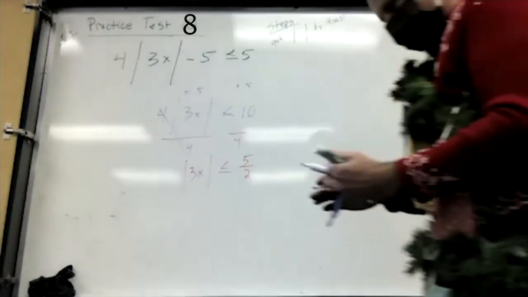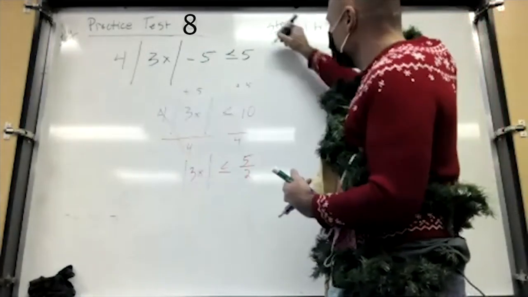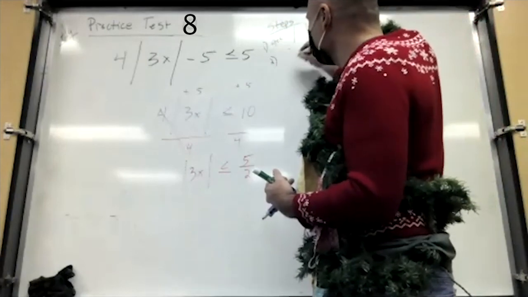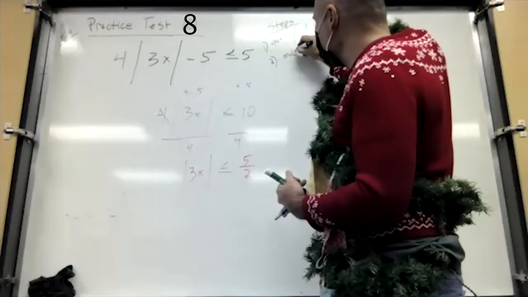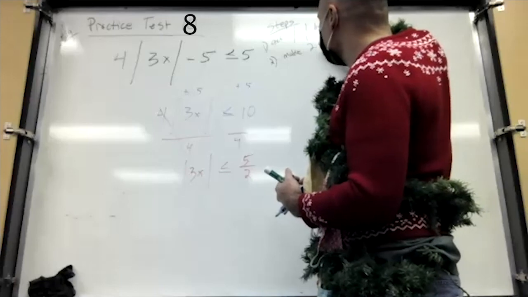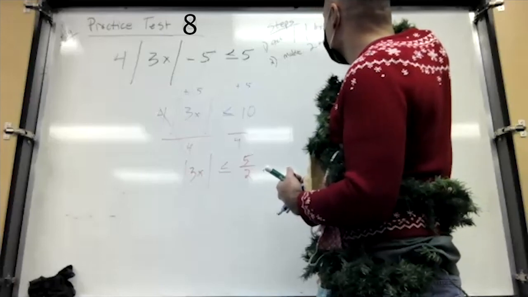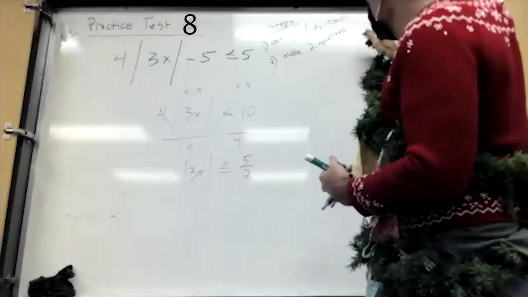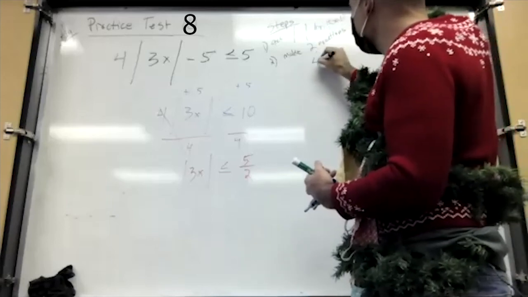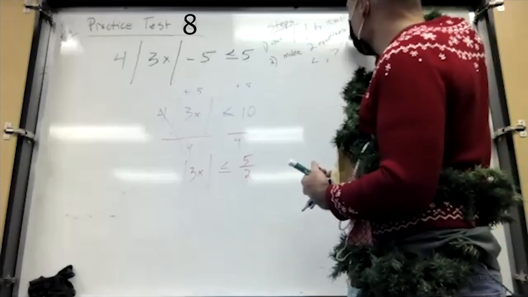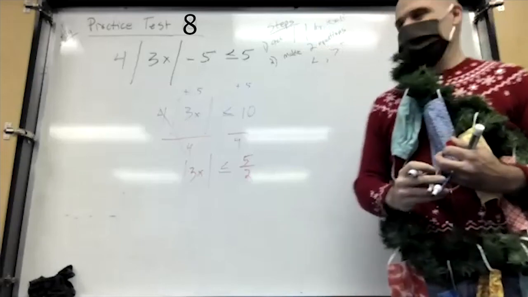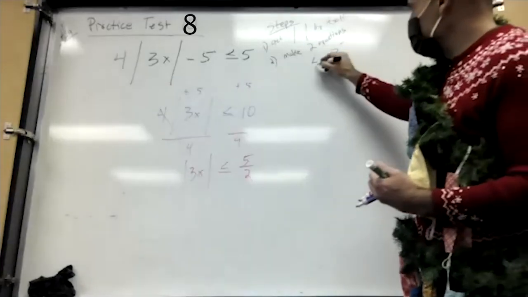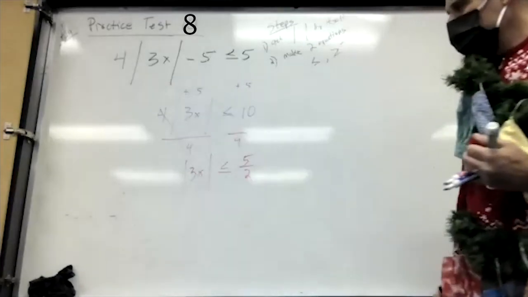All right, now when you get to that, second step is make 2 equations. One is less than, and then one is greater than the opposite. Or in this case, it would be less than or equal to.